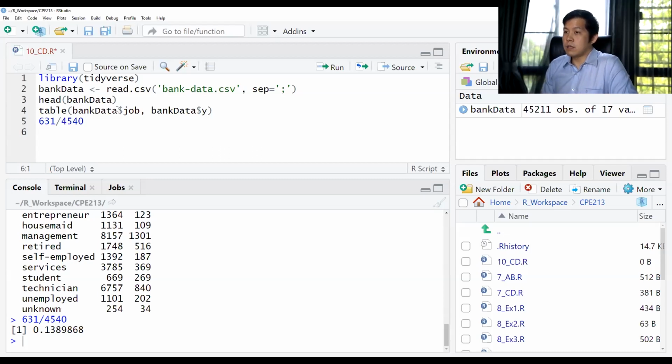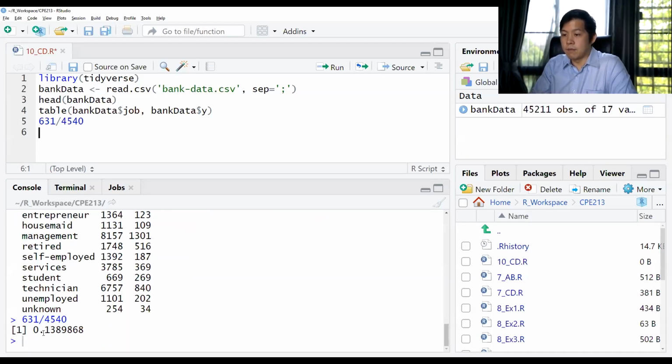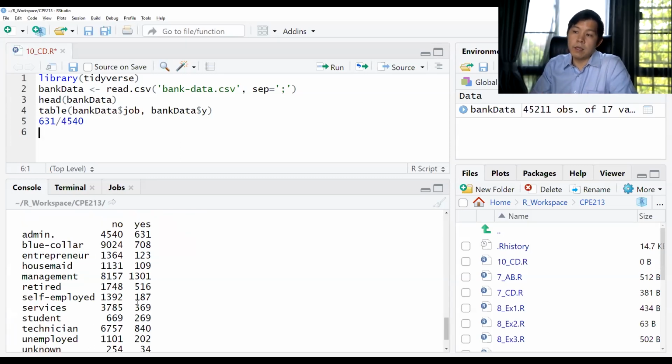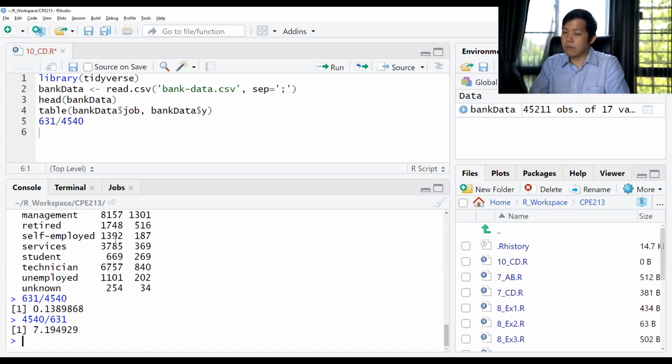So the odds of having job admin and accepting the offer would be 0.138, or in simpler terms, you can think about this as dividing 4540 by 631. So you have about 7 to 1, right?